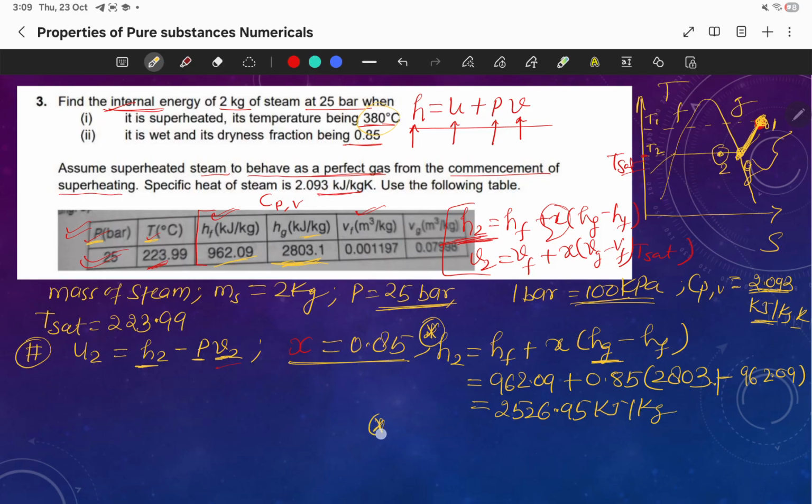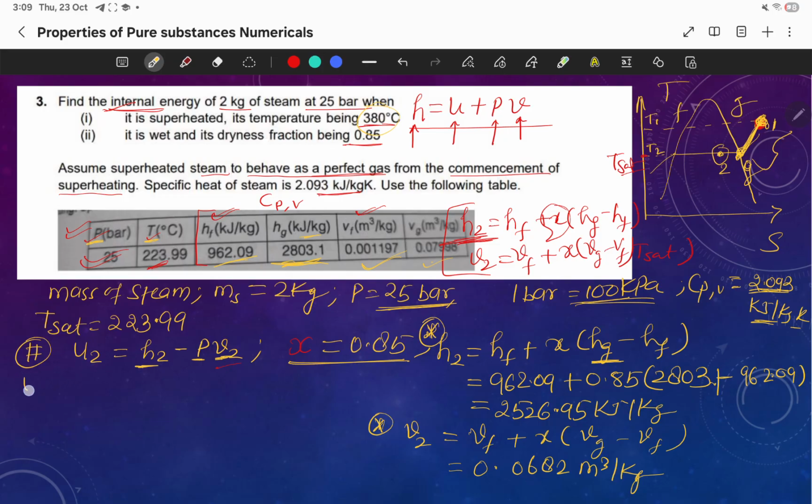Now calculate V2. V2 is how much? Vf plus X times (Vg minus Vf). Okay, so Vf, I think all the values we have, Vf given, Vg given, and the dryness fraction is given. So we put all the values, we will get the V2 value as 0.0682 meter cube per kg, right?